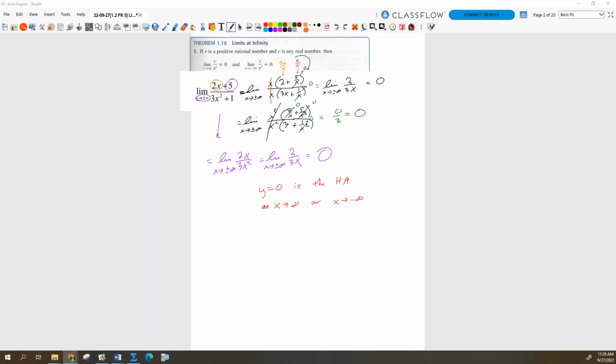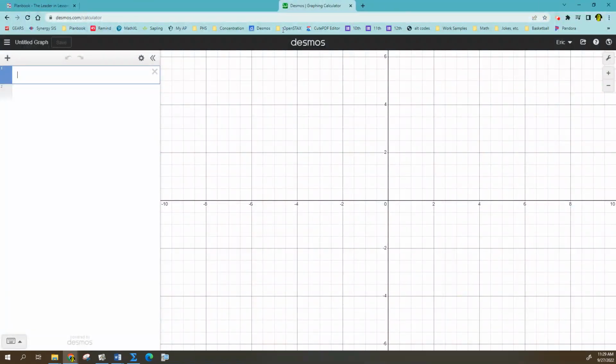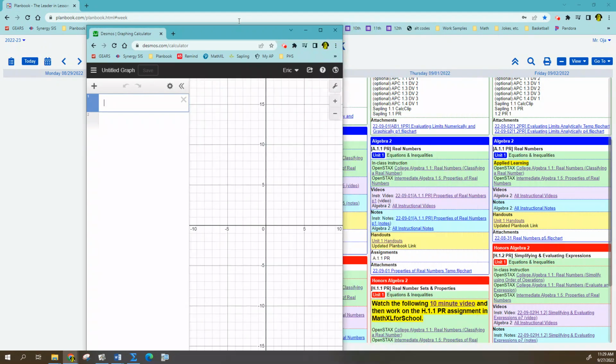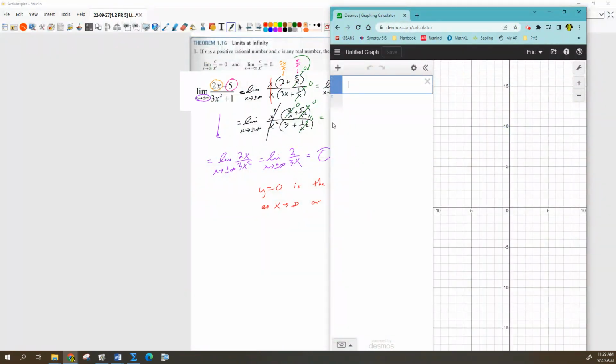Okay, so if we're graphing the function, let's just make this f of x equals 2x plus 5 divided by 3x squared plus 1.